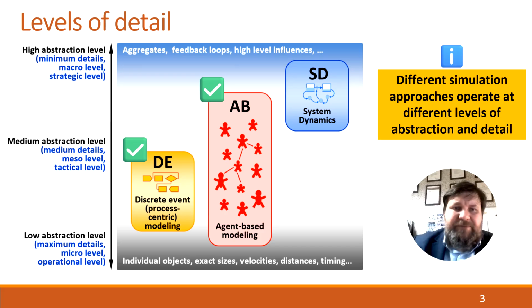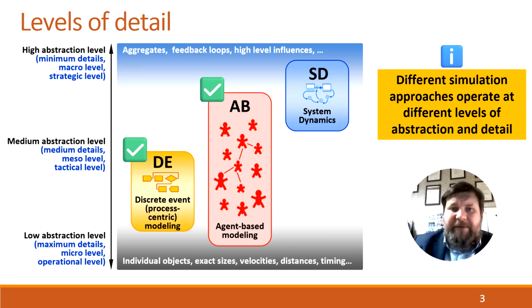So the first one, which is at the top, is system dynamics. System dynamics is the approach which focuses on highly aggregated structures such as feedback loops and strategic influences. It's typically used at the macro and strategic level of decision making.